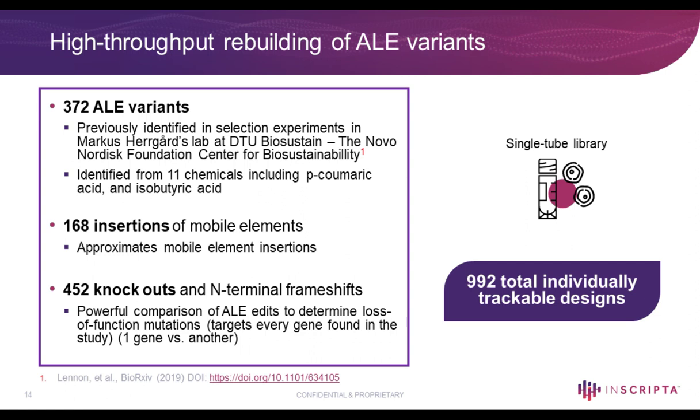So we can really test widely the biochemical information from each of those. This brought us to a total of 992 individually designed and trackable edits that are going to be made to the genome.